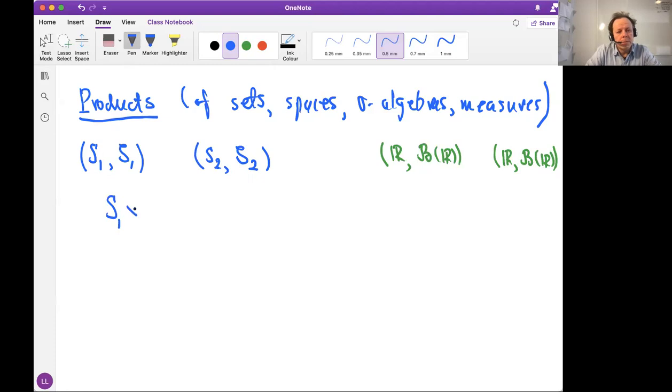What we will do is join together two sets, and the way to do it is to write down the product of S1 and S2. This is the familiar Cartesian product. It's the collection of ordered pairs with one element in S1 and the other element in S2.